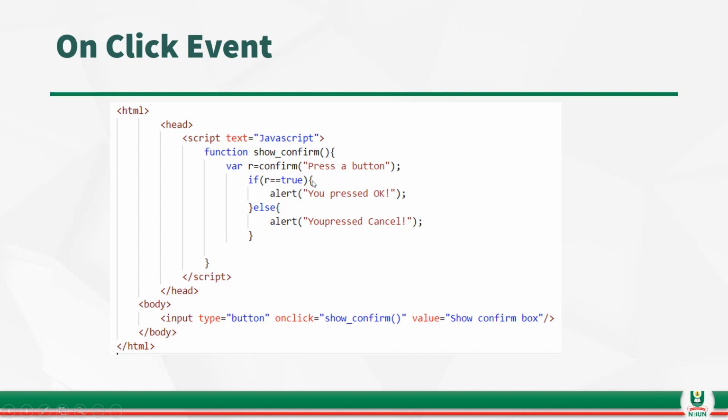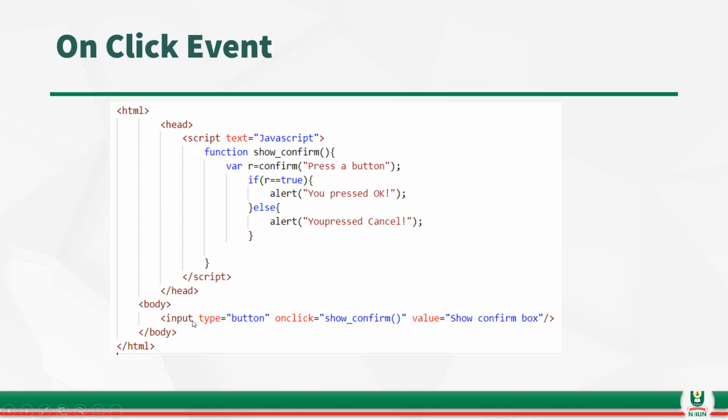If you press the OK button, the true part, you will get an alert saying you pressed OK. If you press the other part, cancel, you will get an alert saying you pressed cancel.